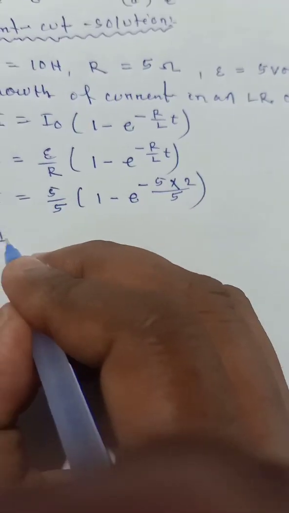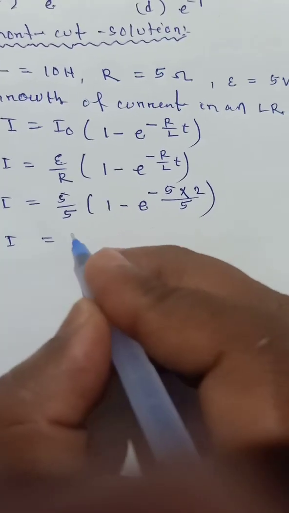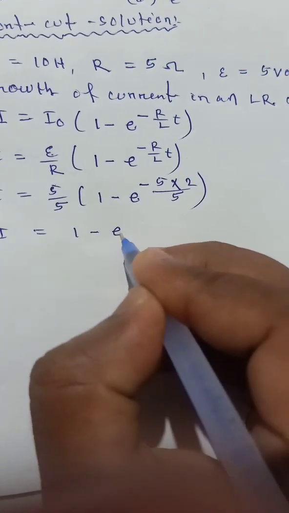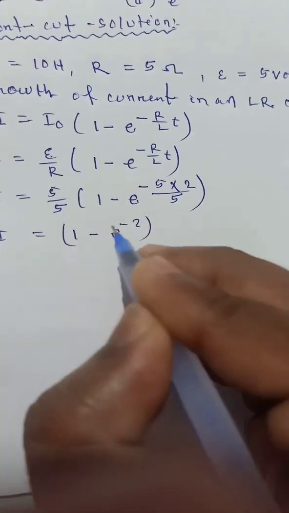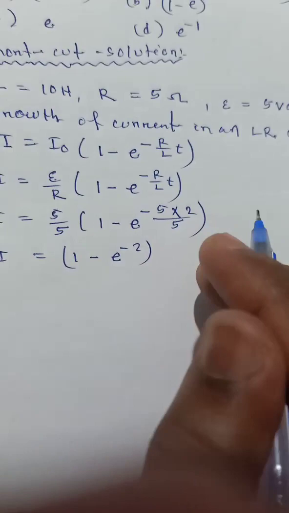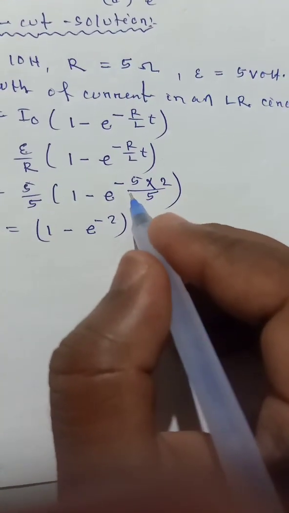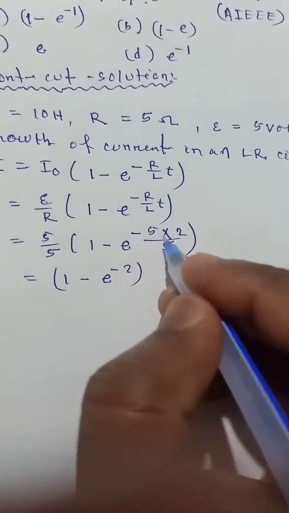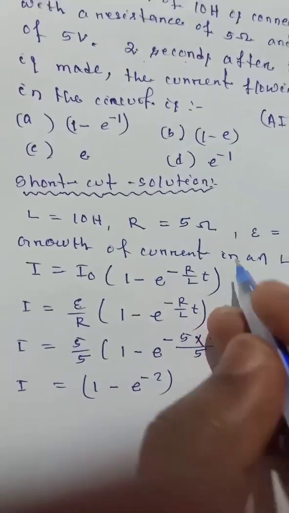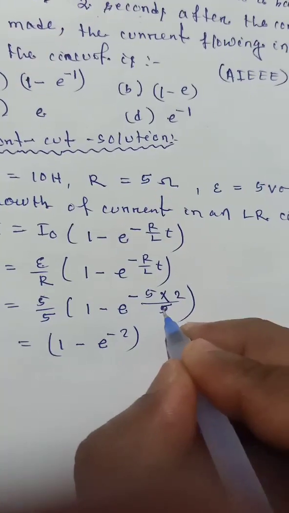So I is equal to 1 minus e to the power minus 2. Sorry, L is equal to 10, not 5.